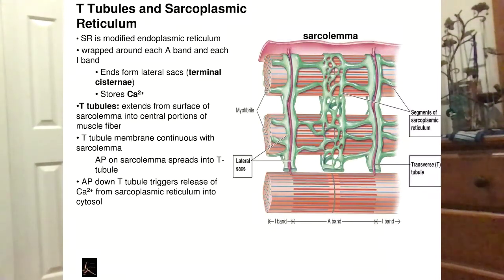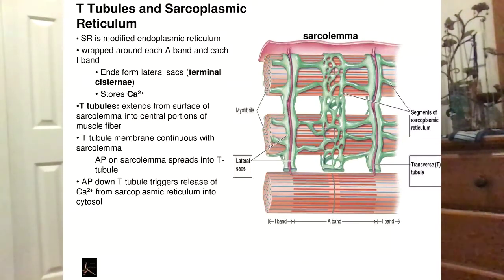Okay, so just remember the SR, sarcoplasmic reticulum, is a modified endoplasmic reticulum. So you learned about those in general bio, but here their job is to store calcium. Okay. And so you can see the T-tubules, which are connected to the sarcolemma, they invaginate, and then they can span the entire length of the cell, or the diameter of the cell, reaching all of the different myofibrils within there.